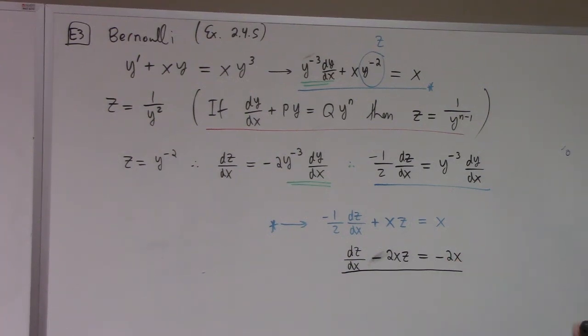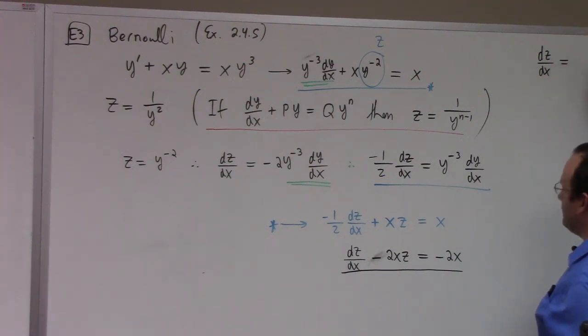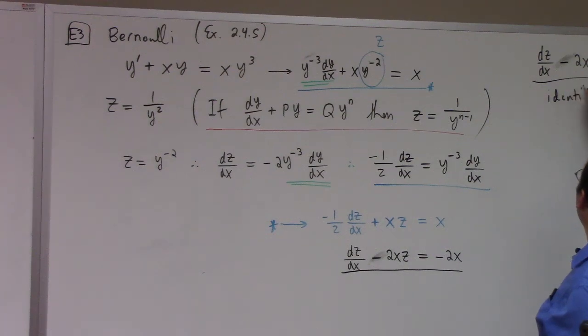That is what kind of problem? How should we solve this? Identify that P is equal to minus 2x and Q is equal to minus 2x.